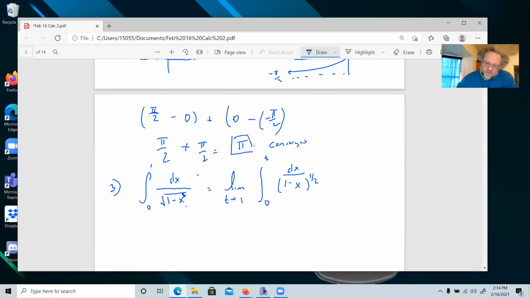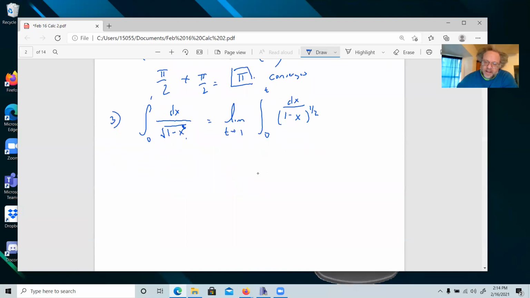Now, at this point, there's a couple of choices we can make. I'd like to just be able to integrate this, but I'm feeling I'm going to lose people if we do that. So we'll say let u equal 1 minus x. Then du is equal to negative dx. When x equals 0, u is equal to 1 minus 0, which equals 1.